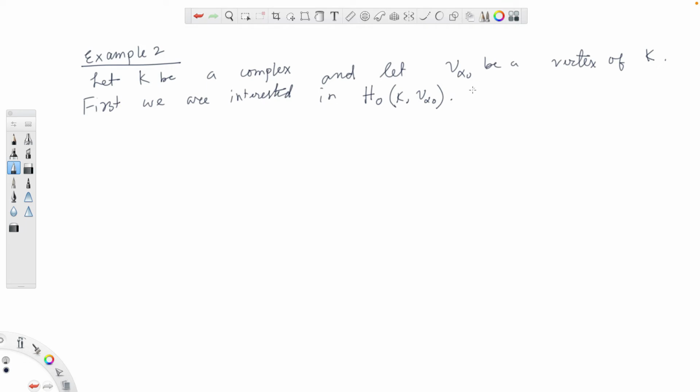But before that, let us try to address what C0 of K comma v alpha 0 is, the relative zeroth chains of K modulo the vertex. What is this group?